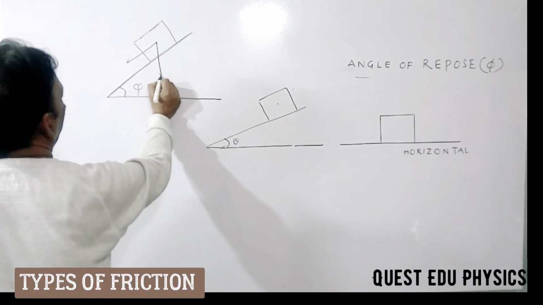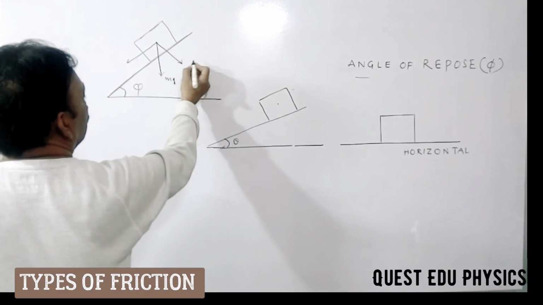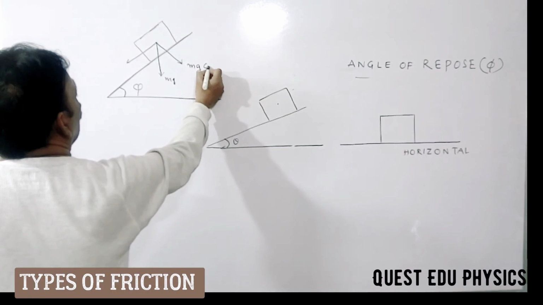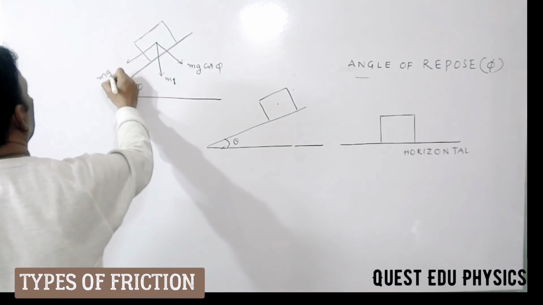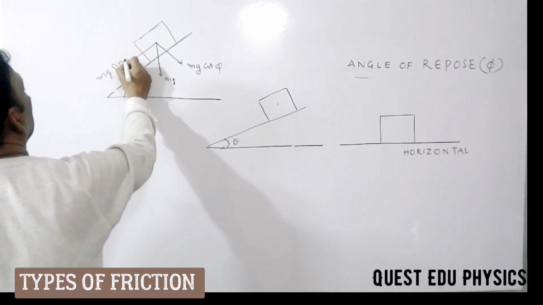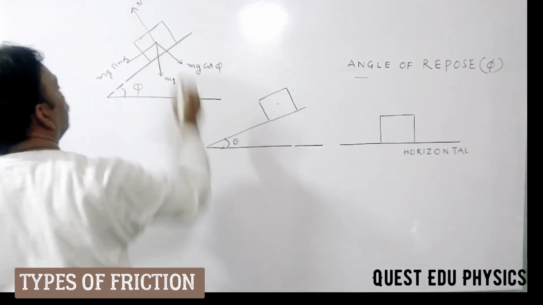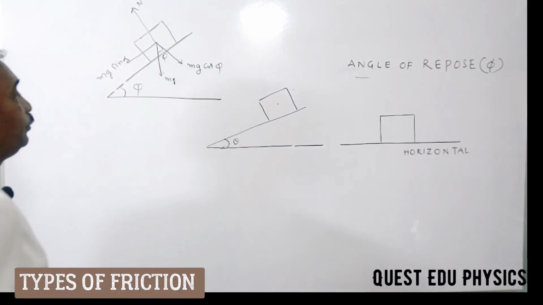Let's say it is the weight of the body. Okay, students, and you know that it is mg cos phi, and it is mg sine phi, and it is the normal reaction. Okay, students, and it is the phi.